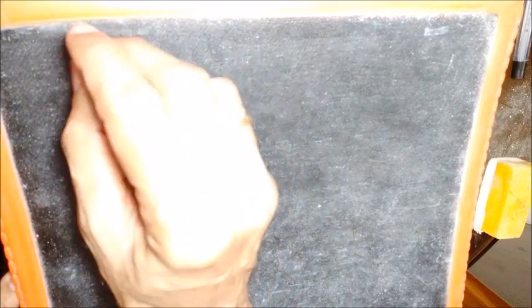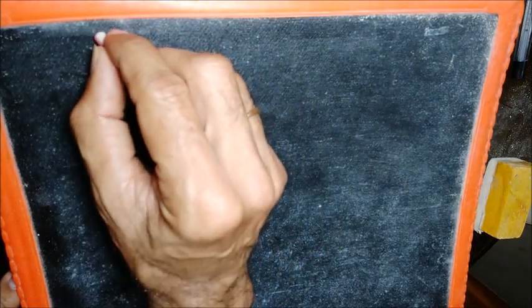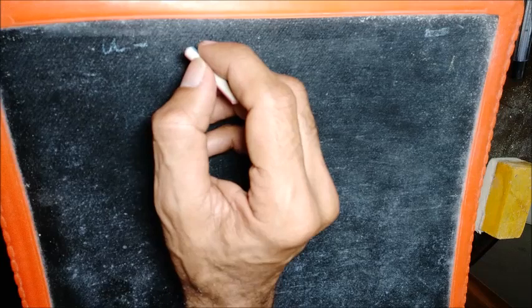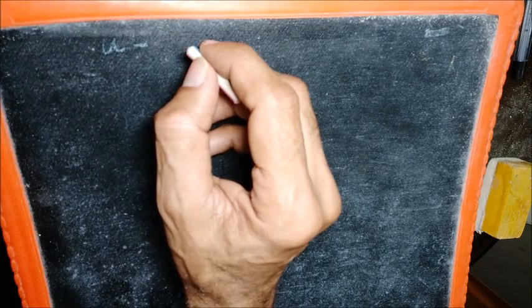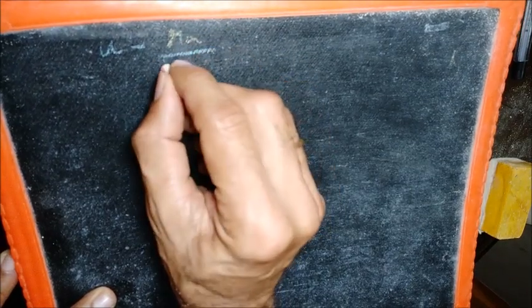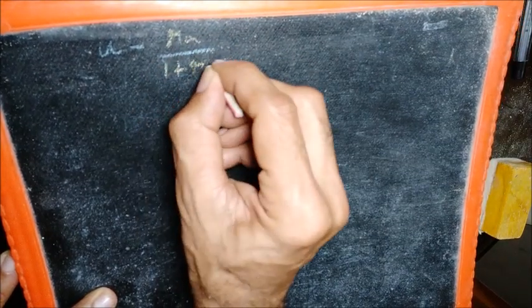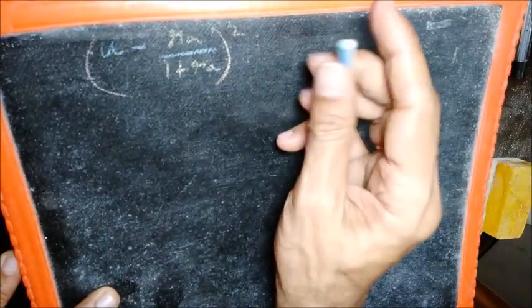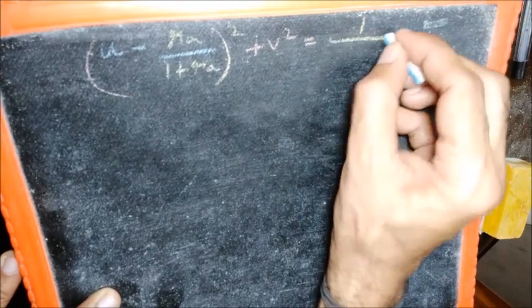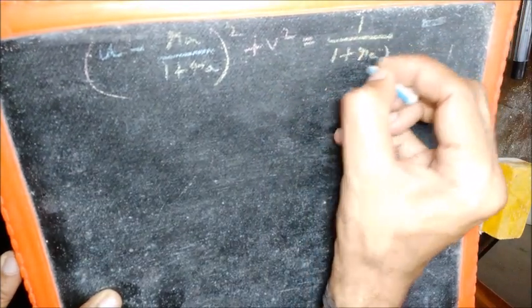Okay, let us take the first set of circles, that is the one which was having an expression like this: u minus Ra divided by 1 plus Ra whole square plus v square equal to 1 by 1 plus Ra whole square.